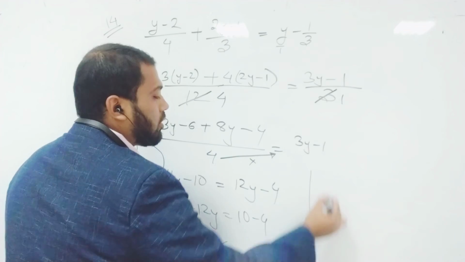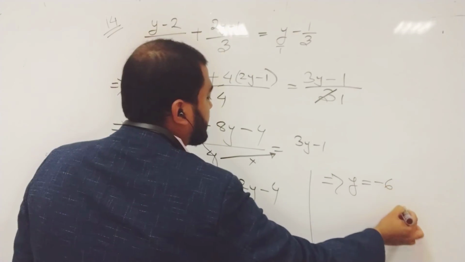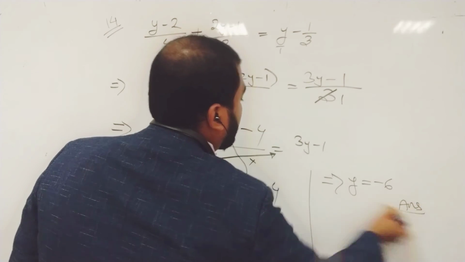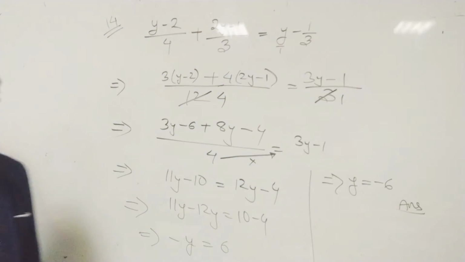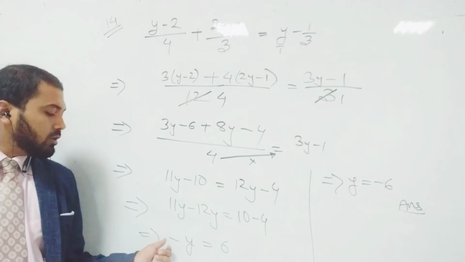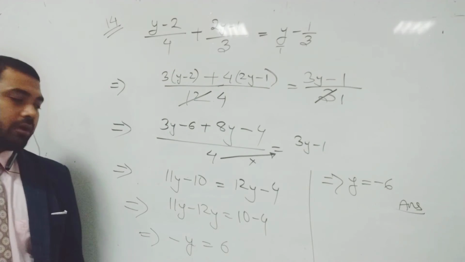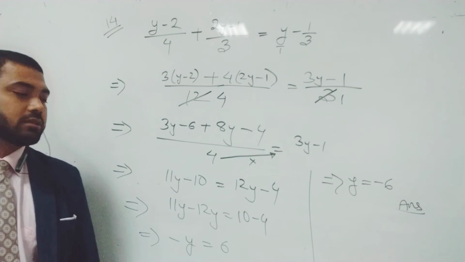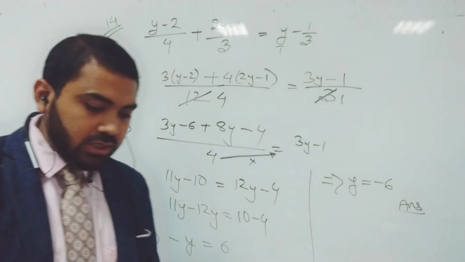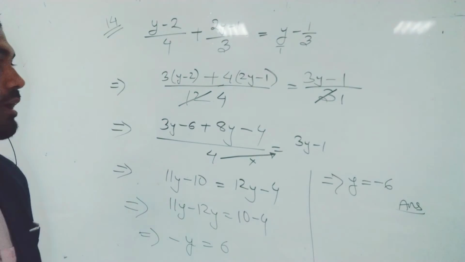So we can write y equals minus 6. This is the answer for this particular problem. Okay, and you will get the answer. So this is the solution for number 14.